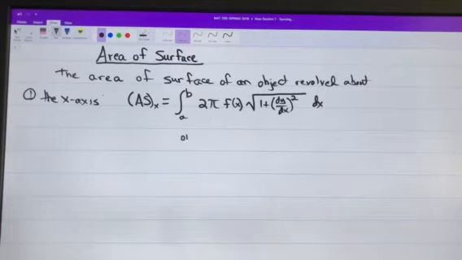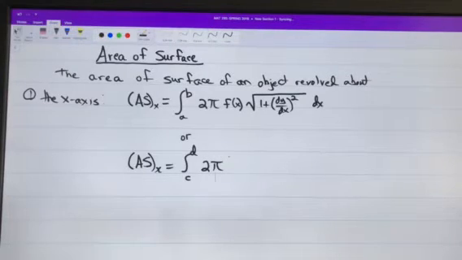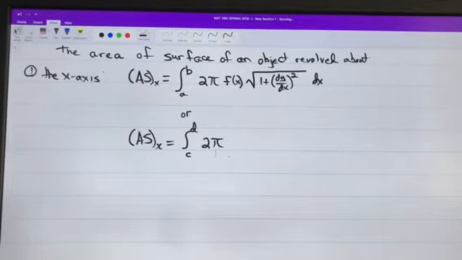And in special cases, if you're looking at integrating with respect to y, in this case you have going from y is equal to c to y is equal to d, so you have 2 pi times the projected radius.